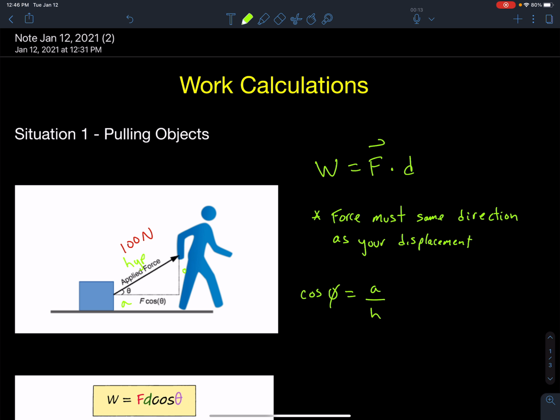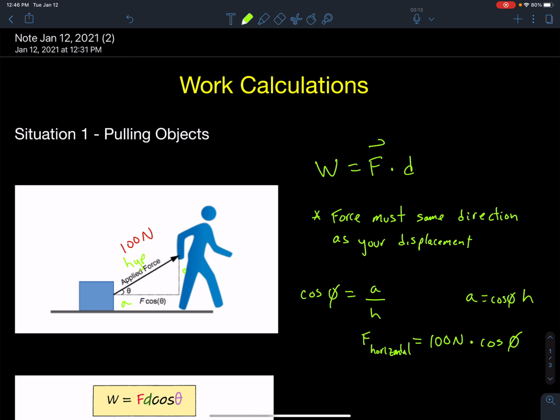So in order to solve for the adjacent side, adjacent is going to be equal to cos theta times my hypotenuse. That's what it's saying over here. So to solve for the force in that direction, the horizontal force is going to be equal to 100 newtons times cos theta.